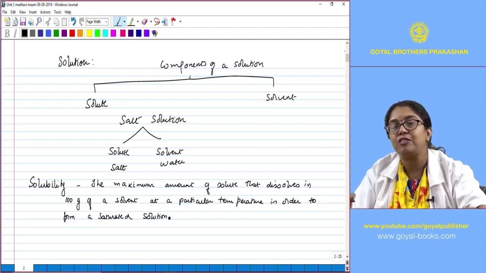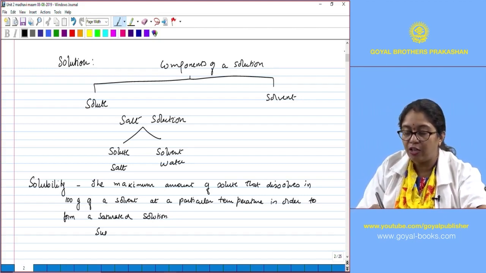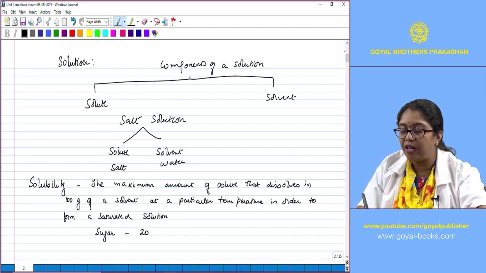Now, different substances have different solubility. For example, the solubility of sugar is 204 grams per 100 grams of water.